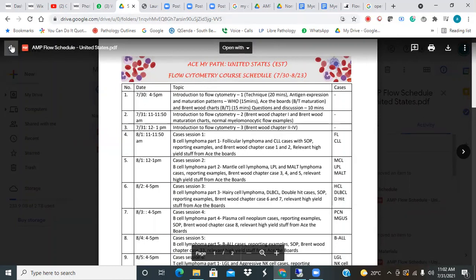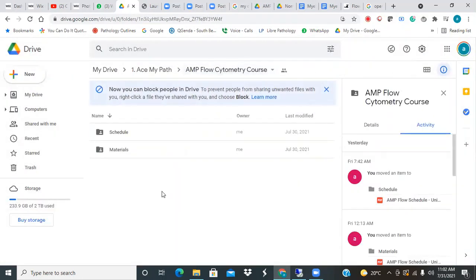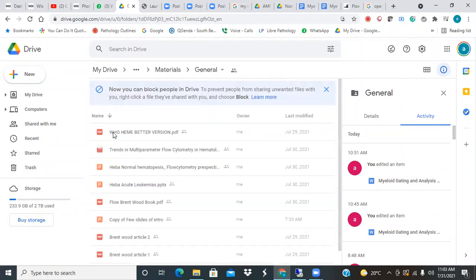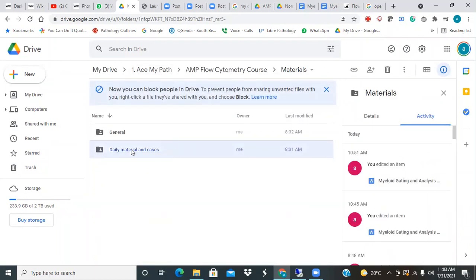Another thing I have over here, if you go into the same flow cytometry course, I'm putting the materials in. There are the course materials, including the general course materials that have a lot of things, and also the Brentwood book and so forth that we'll be discussing.